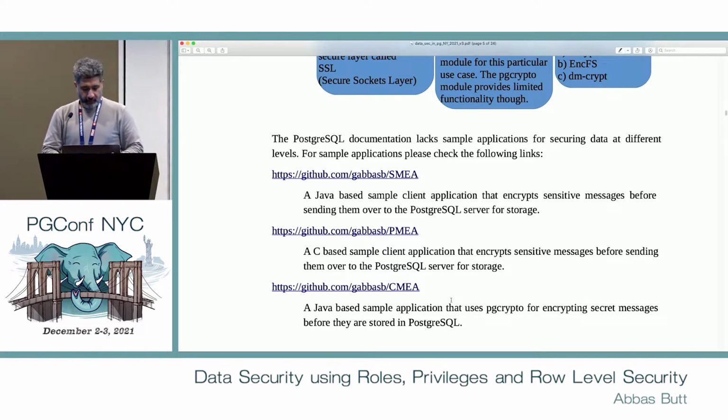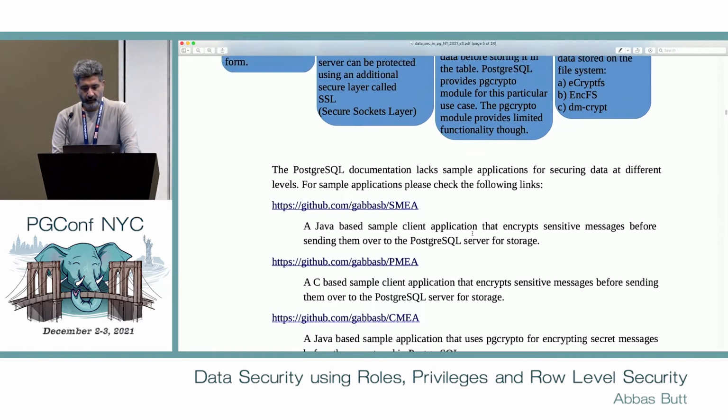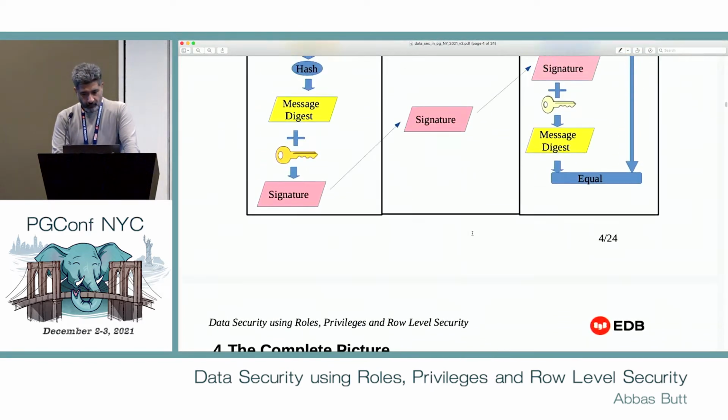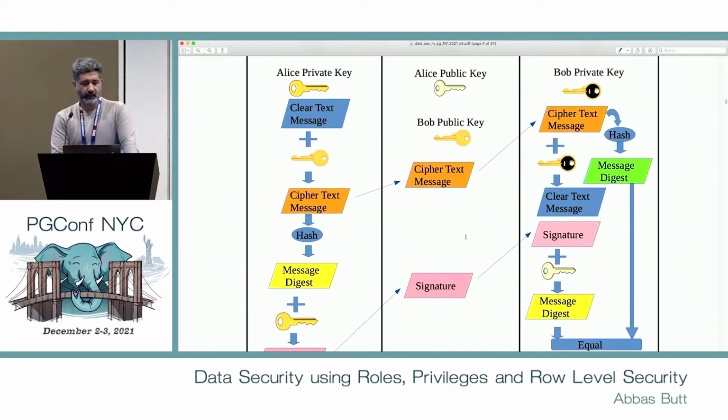So these applications use exactly the same mechanism. It is a sample application. You can use it to see how this part of the picture is used to exchange the secret key, and then once the secret key is exchanged, how it is used to encrypt data while the messages are exchanged between Alice and Bob.